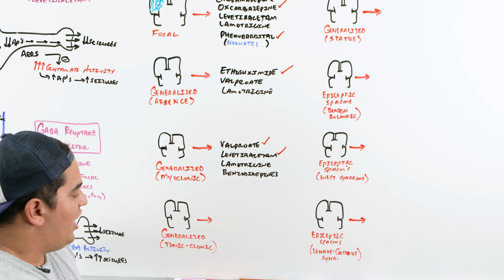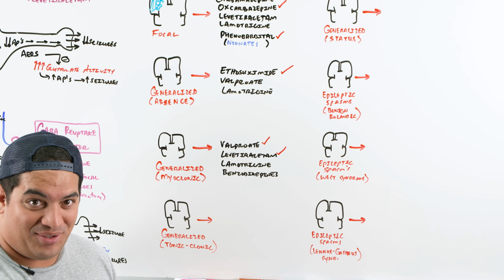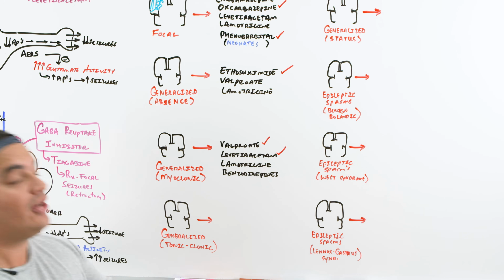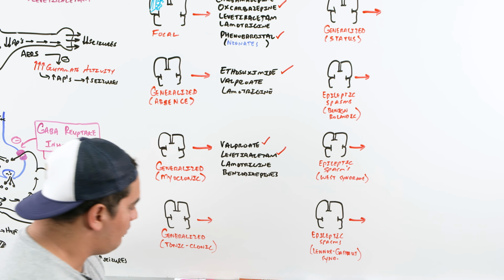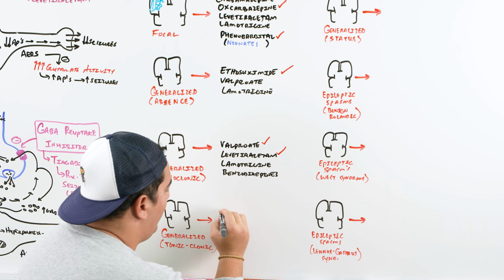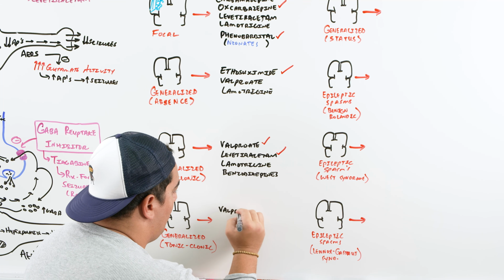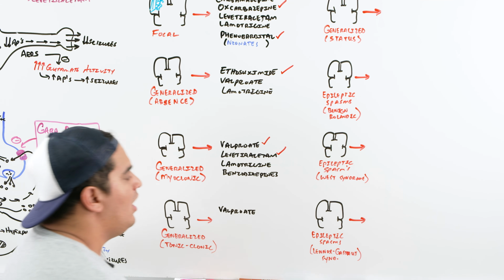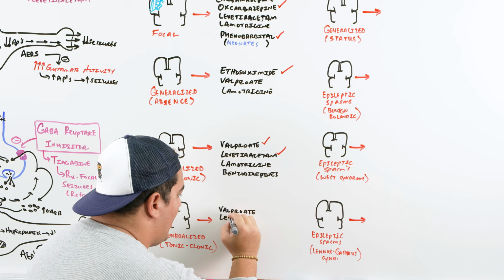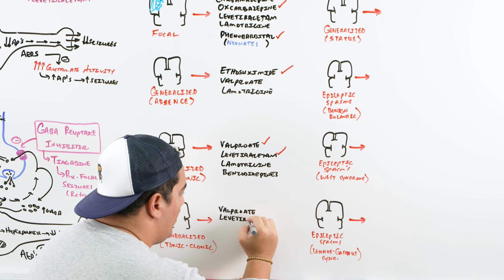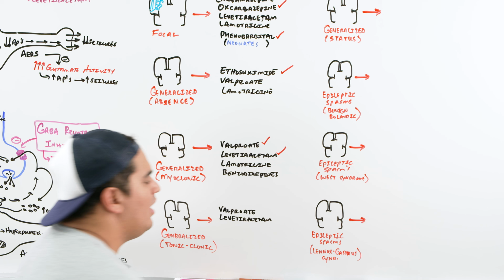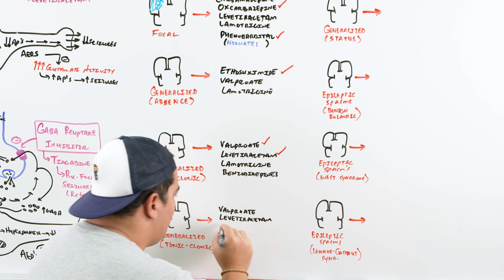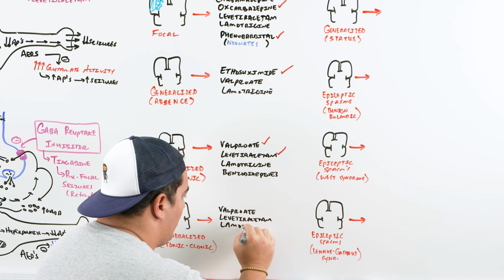All right, now we come to the generalized tonic-clonic seizures. In generalized tonic-clonic seizures, that grand mal seizure, the really scary one, how do you treat this one? Oftentimes, valproate is a very good option. Valproate's very good. Another one would be levetiracetam is a very good one as well. Lamotrigine has been shown to be somewhat beneficial as well.